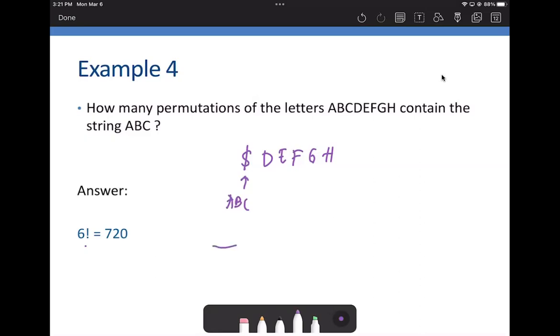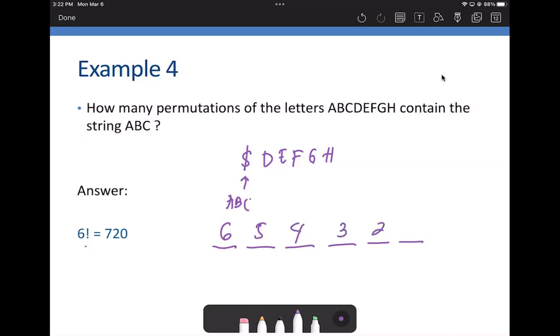Okay? So if we have 1, 2, 3, 4, 5, and 6, for the first position, it could either be ABC or D or E, F or G or H. So that will be 6. Once we have selected 1, we have 5 letters left to select. And then, since we have already selected 2, in which it could either be the ABC or the other letters, 4 na lang.